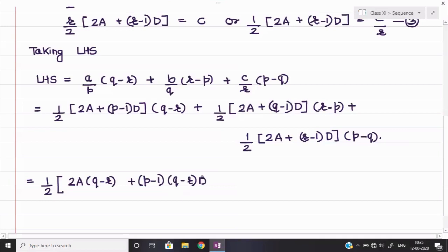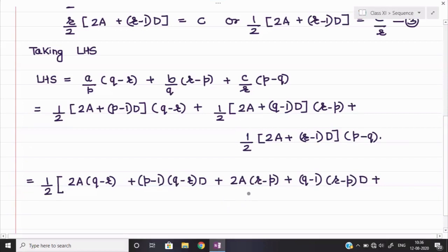Actually Q minus R is multiplying the two terms inside. Same way now we can multiply R minus P. So 2A into R minus P, and then R minus P will multiply in Q minus 1 into D also. So Q minus 1 into R minus P into D, and same way the last bracket also we can multiply.